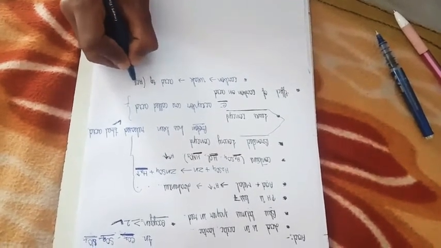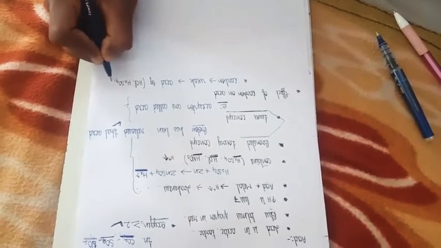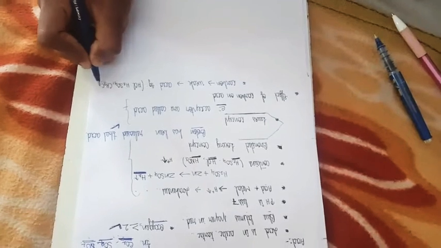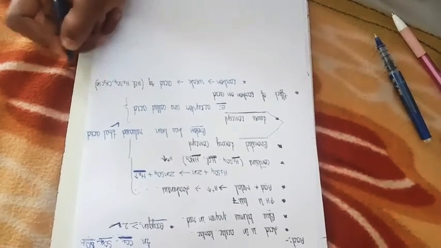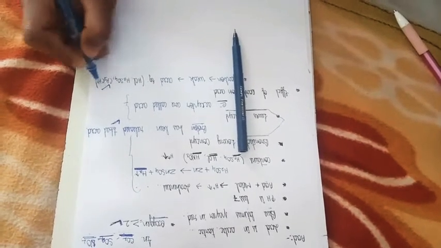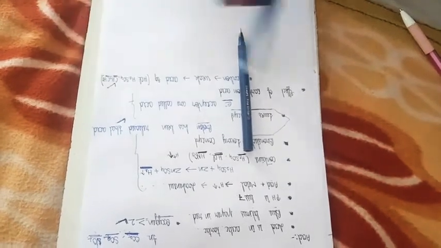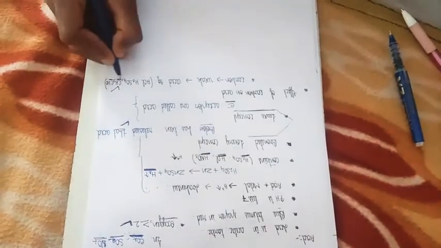For example, HCl, H2SO4 and CH3CHO. Which one is the weaker acid? That is CH3CHO, because it contains carbon groups.